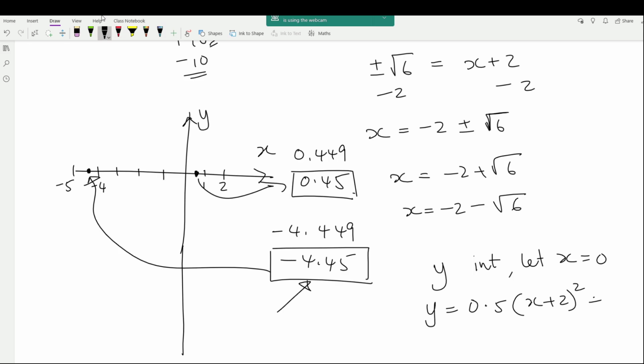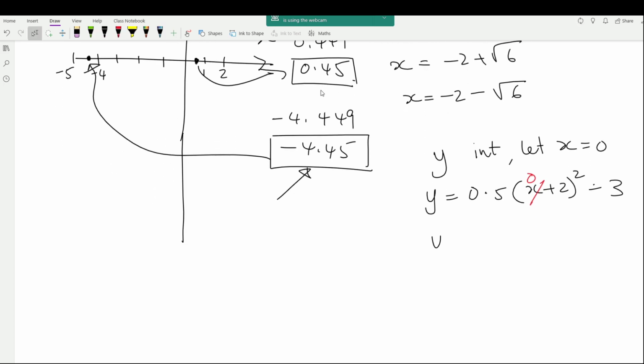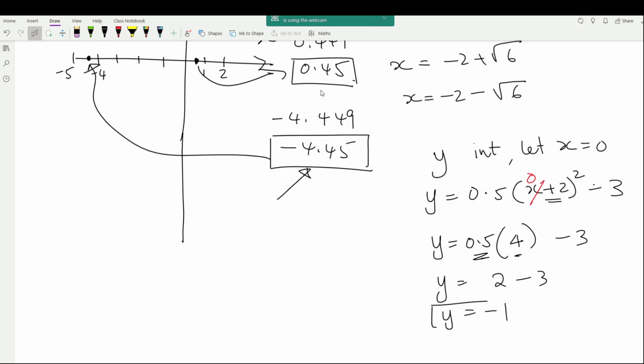I did say let x equal 0, so I'll cross that off and make it 0. So y equals 0.5 or half of 0 plus 2 squared. 2 squared is 4. So half of 4 is 2. 2 minus 3 is minus 1. So the y-intercept is at negative 1.